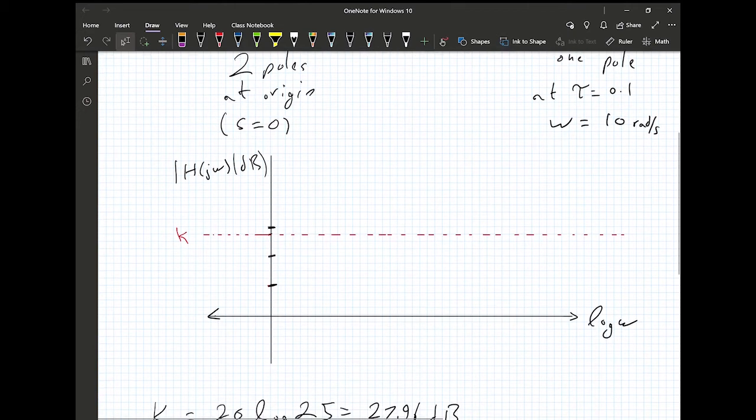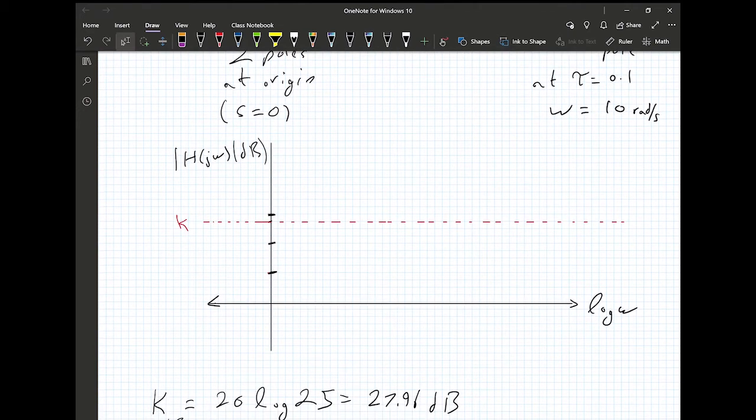I have to determine now what my x-axis will look like. So this is now, the origin is going to be at log 0 equals 0, which is equivalent to 1 rad per second.